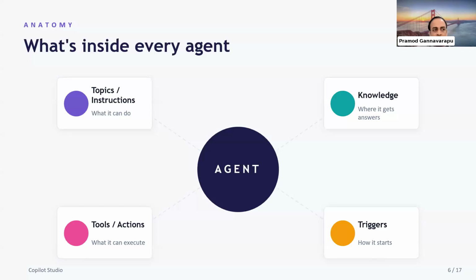There are different kinds of connectors available, so you can use them as a tool and perform specific tasks with them. Triggers are again the same thing: how you want the agent to trigger a specific task. That's what you will do using triggers.